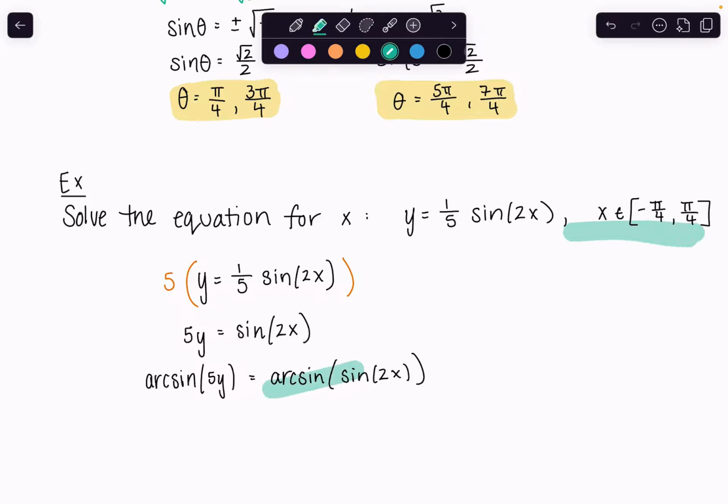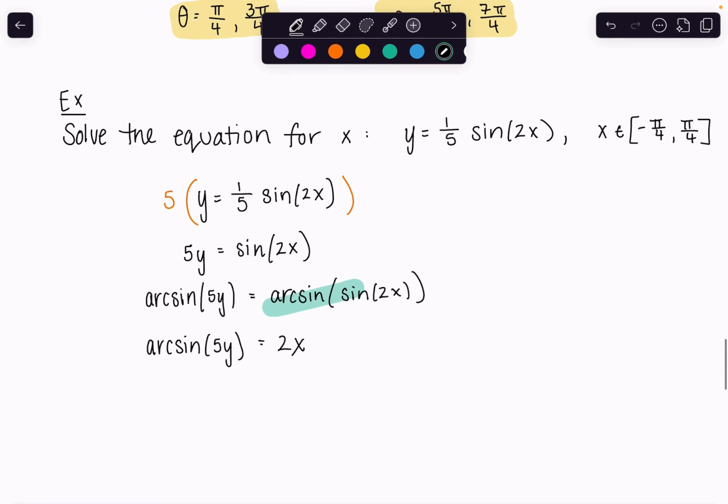That's where these domain restrictions happen, to make sure it does. So this gives me arc sine of 5y equals that inside argument, which is 2x. So just dividing by 2 solves for x. x is 1/2 arc sine of 5y.